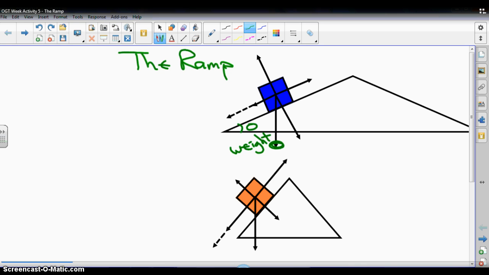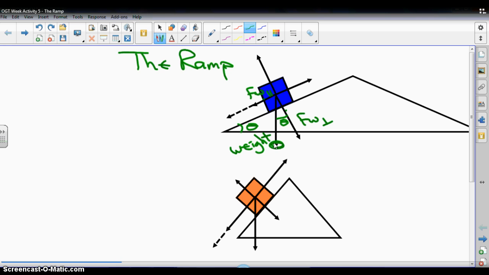Because of this angle in here, we have a couple of components. Here is the force of the weight perpendicular to the incline. Here is the force of the weight parallel to the incline. Those are both components of the weight.